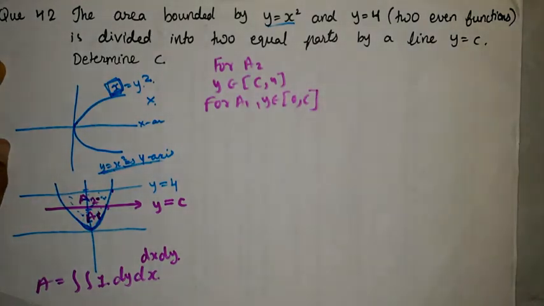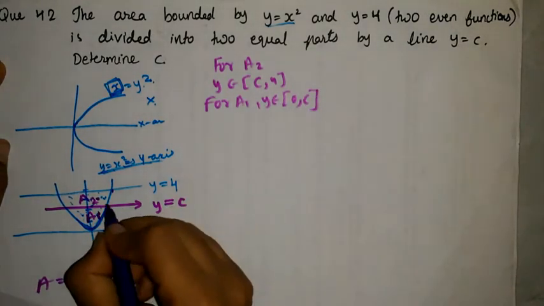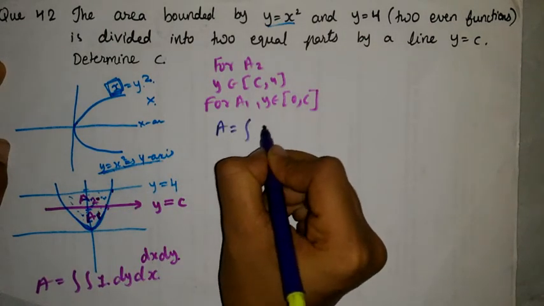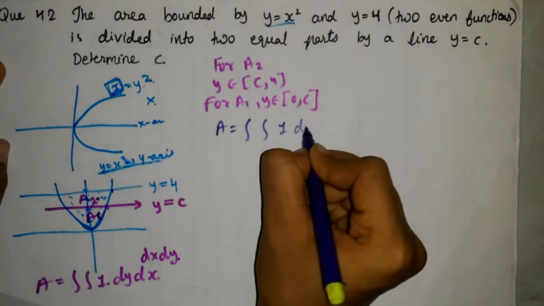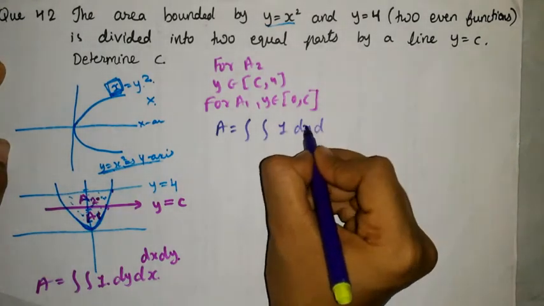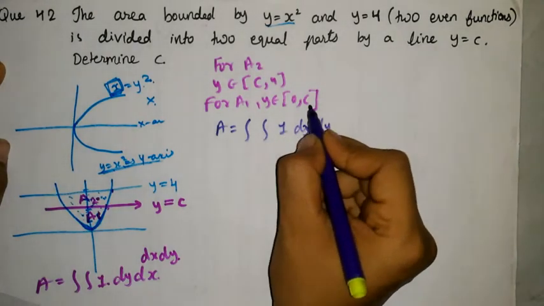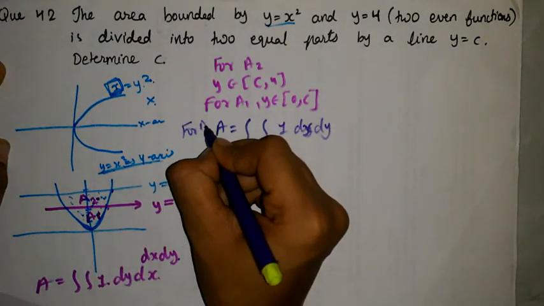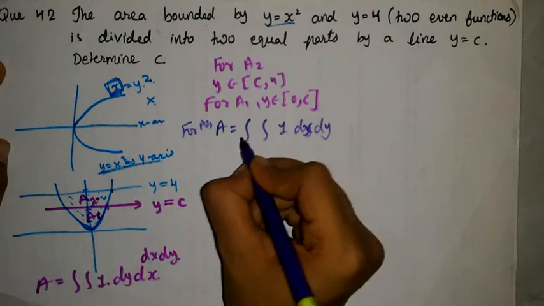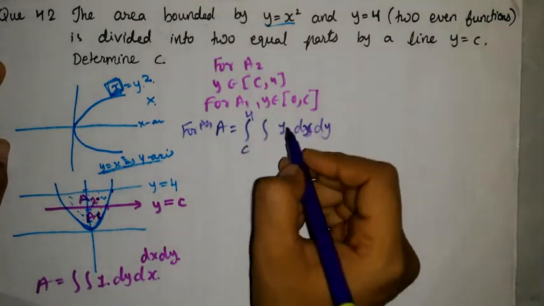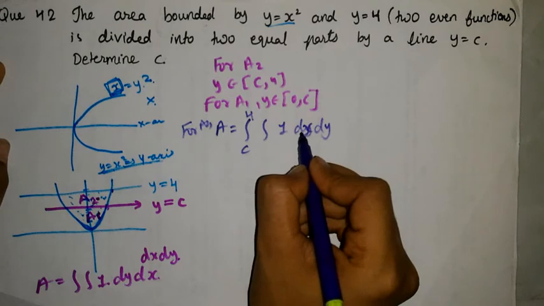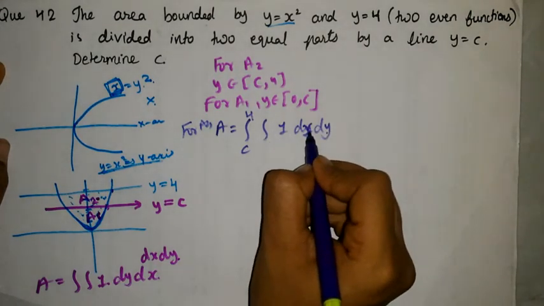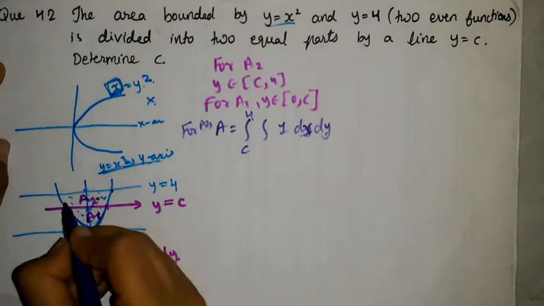So area of a2 is equal to double integration 1 into dx dy, because we have taken y constant. For a2, y is from c to 4. Now to know the limit of x, when it's dy dx, we draw a horizontal line.